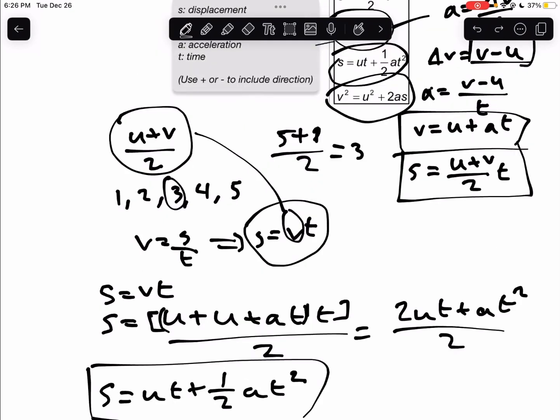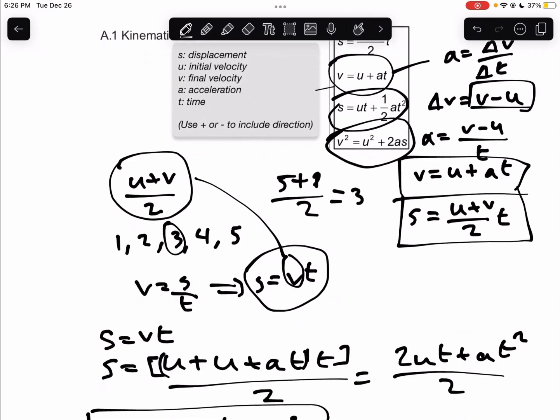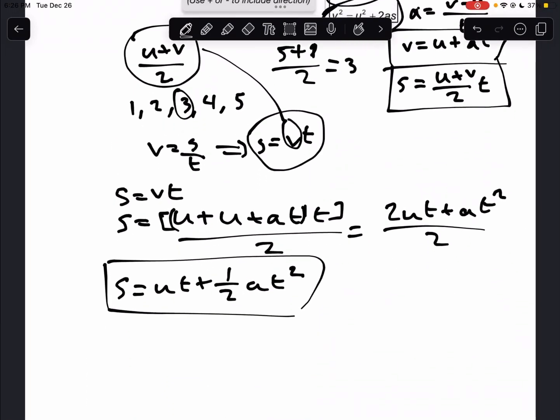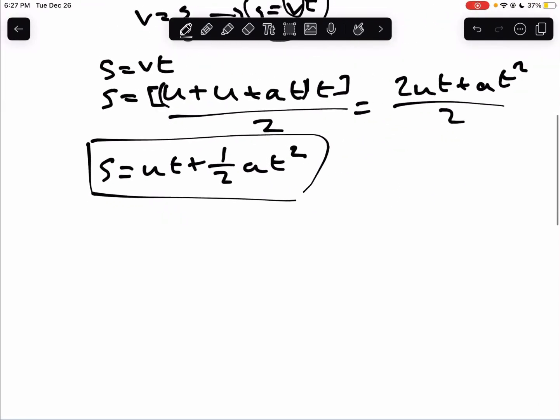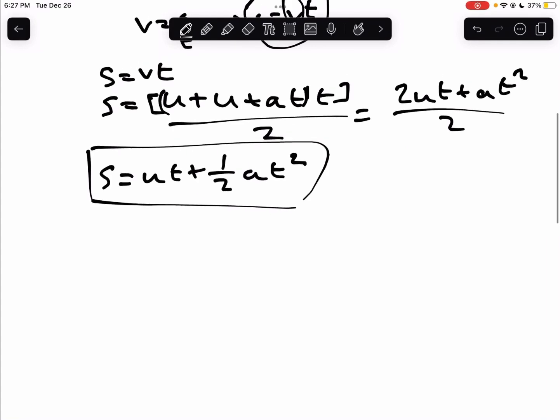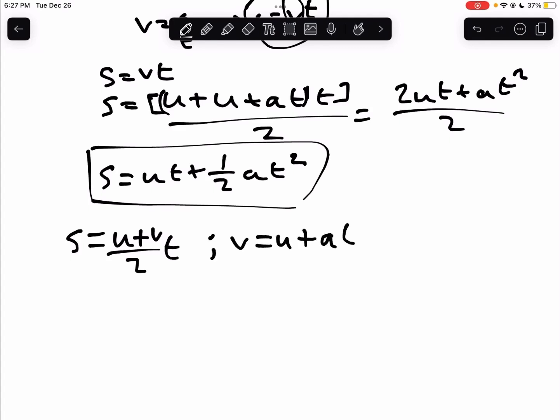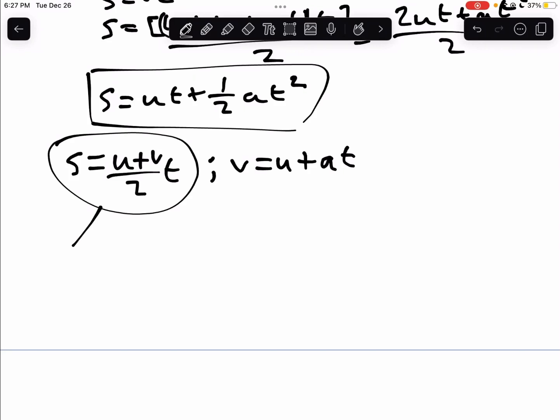Now, the last formula can be derived by using two formulas we've already seen, which are S is equal to U plus V over 2 times T, and we can also use V is equal to U plus AT. First, we're going to rearrange T here.